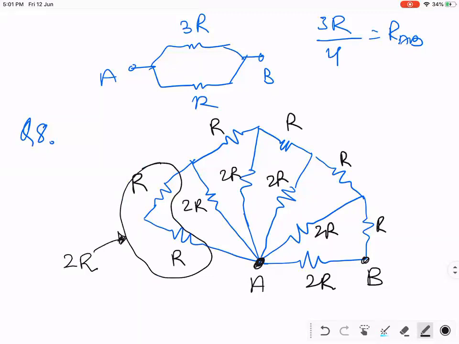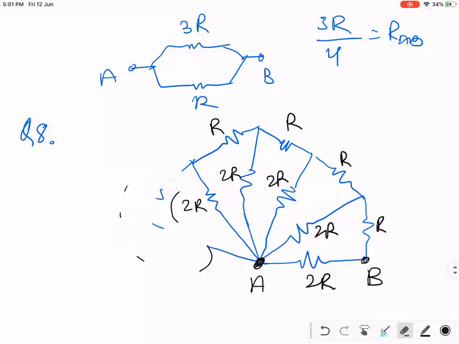2R. Right? And 2R and 2R will become parallel. See, imagine this is 2R, okay? So I will make a 2R at the place of this R and R. Can I make a 2R here? Yes or no?